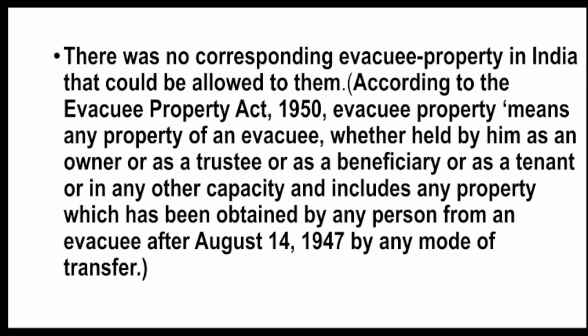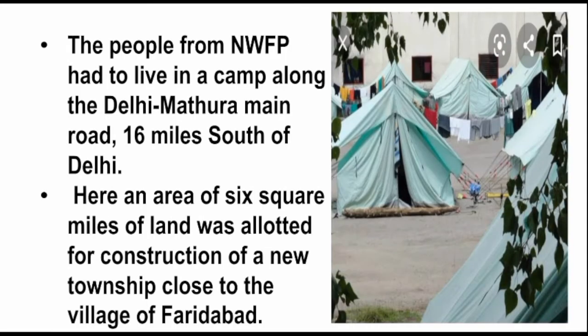So already the properties which were abandoned by the people who had gone to Pakistan were distributed among the refugees who had come from Pakistan. So the government was not left with any other property that could be given to those people who were coming from East or West Pakistan. The people from NWFP had to live in camps along the Delhi-Mathura main road, which was 16 miles south of Delhi.